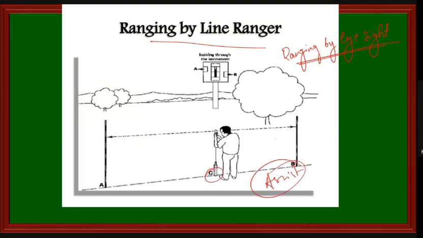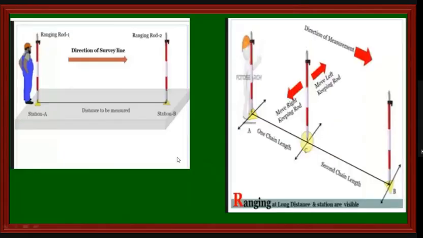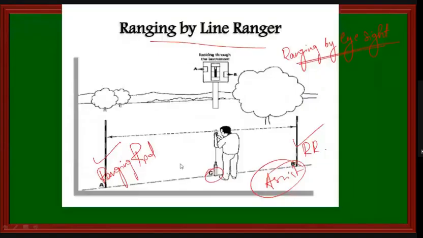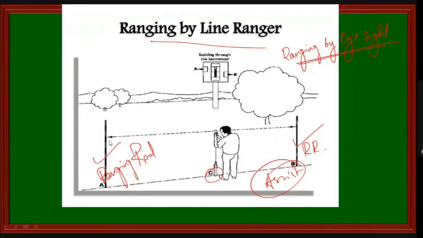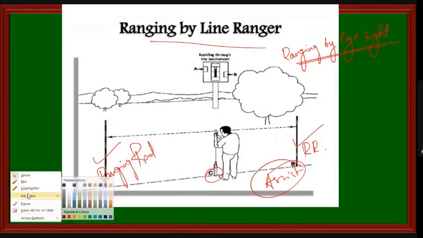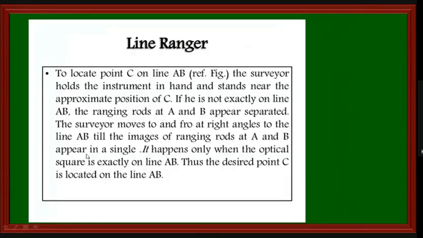See what I will do: I will use this line ranger. First, I will fix the ranging rod here and the ranging rod here. Now, it's not there. I think it's there in the previous slide.